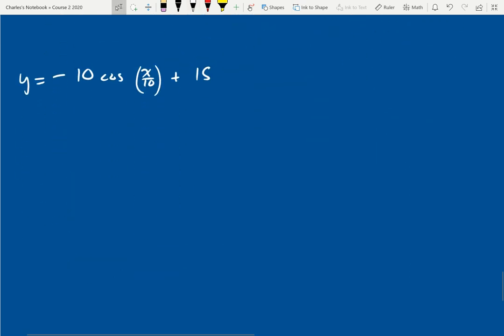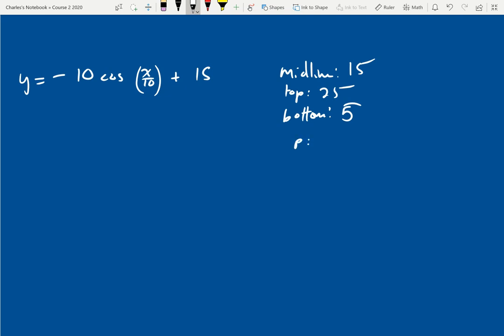If I do another one, I know that my midline is the vertical shift, which is 15. The top is going to be 10 higher than 15, which is 25. The bottom is going to be 10 lower than 15, which is 5.